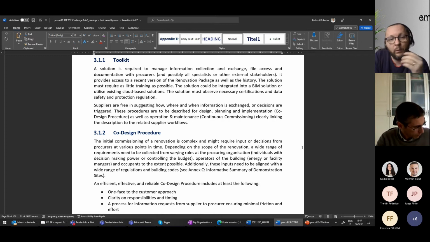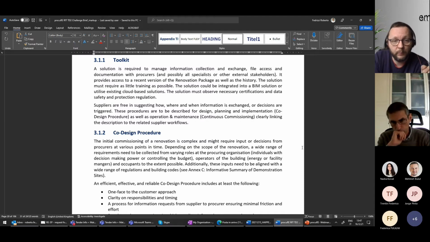You will be able to tweak the renovation approach, including this co-design procedure, throughout the project. And therefore, maybe try new things on how you go about with your customers. Definitely us, the procurers in the project, but maybe it is also an added benefit beyond the project, independent of the approach.